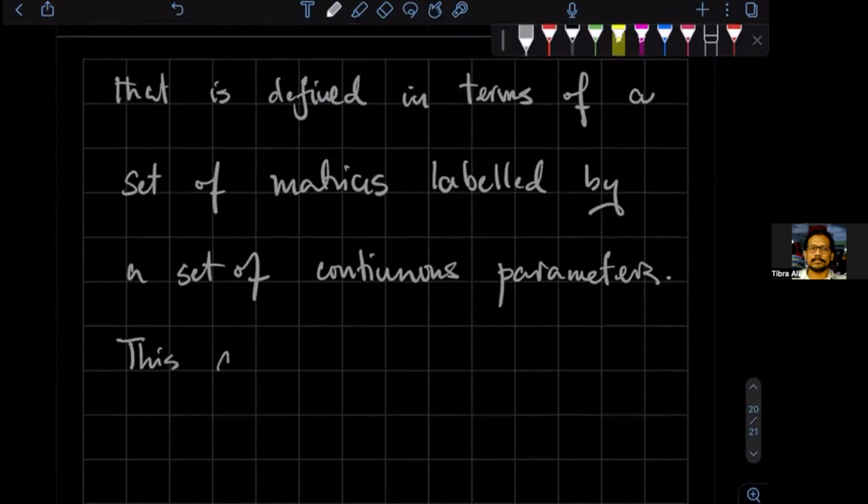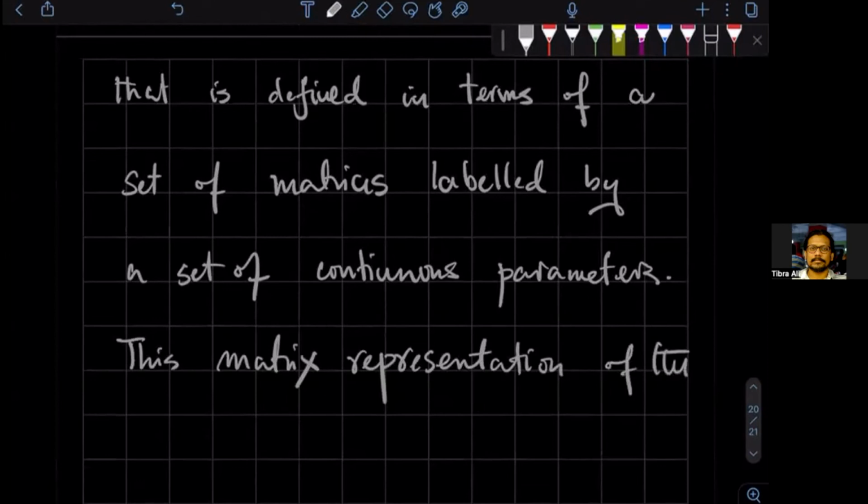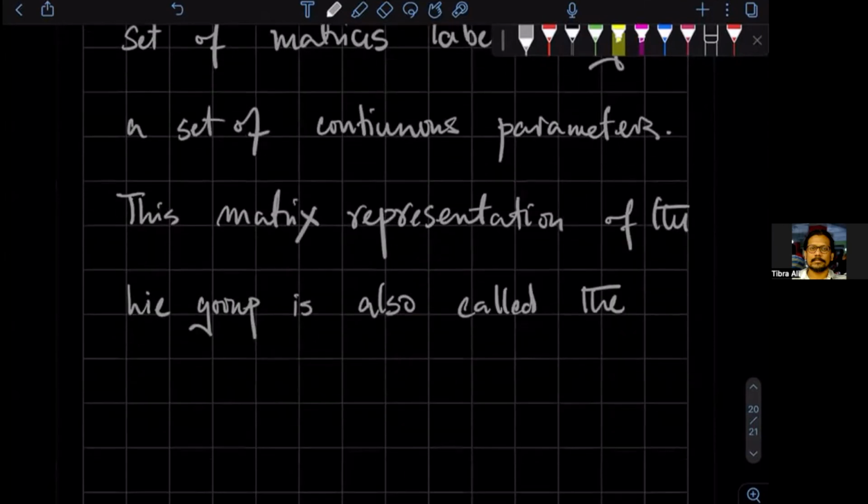This matrix representation of the Lie group is also called the defining representation.